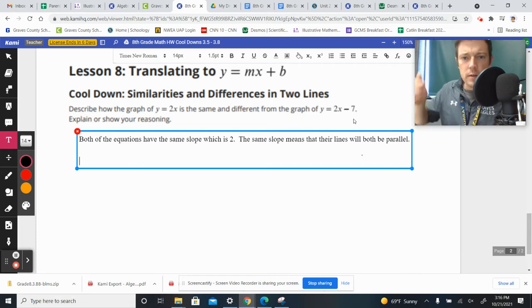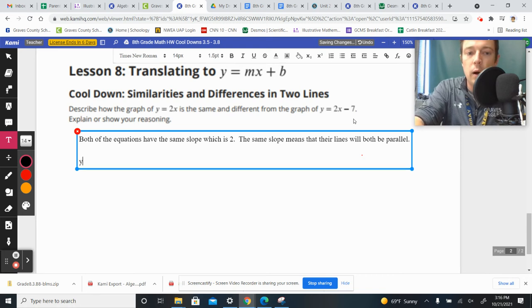As I start to think about differences, the difference is where the 7 is, right? So we could say something like y equals 2x minus 7 will be lower on the coordinate plane by 7 units because it has a subtract 7 in the equation.